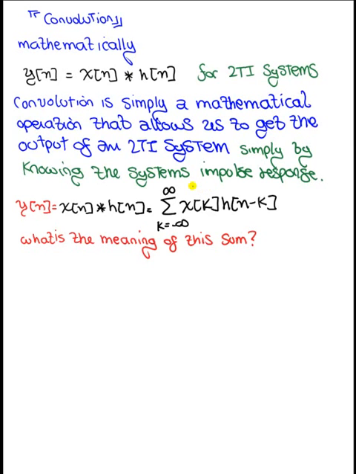Scaled by x of k and time-shifted by minus k, right? So you got the impulse response shifted by minus k and scaled by x of k right here. So let's write that.